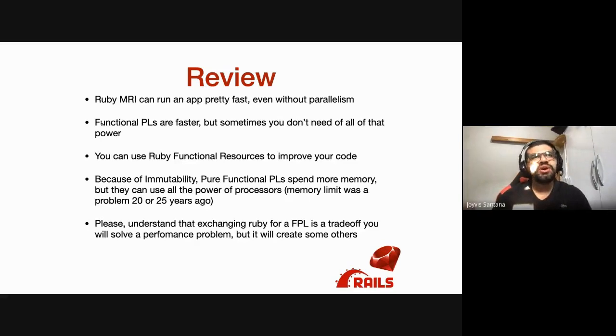So functional programming languages are faster, but sometimes you don't need all of that power. You have to understand what each language could do for your company or your projects, and decide with a good reason. So you can use Ruby functional resources to improve your code.